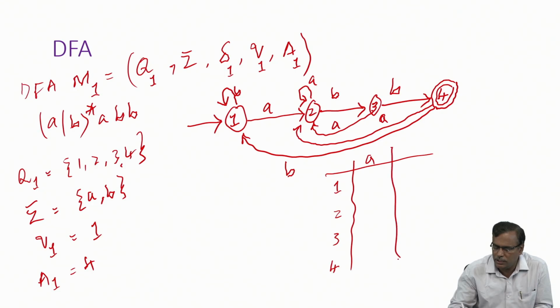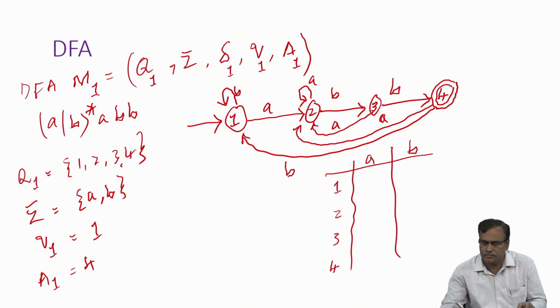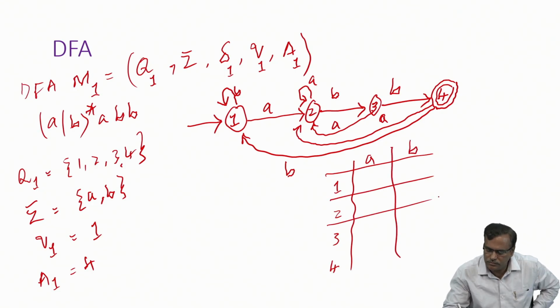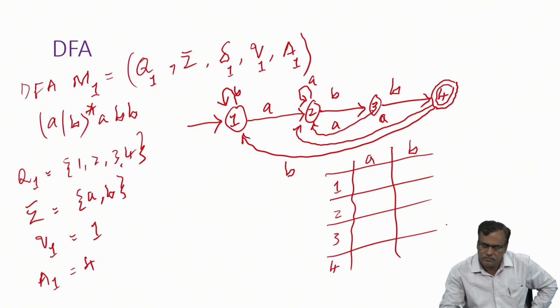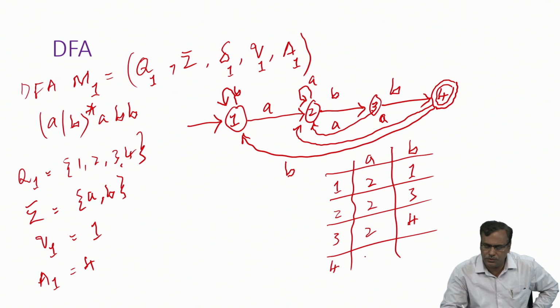Input symbols are A, B. 1 on A you are going to 2, 1 on B, 1. 2 on A, 2 itself, 2 on B, 3. 3 on A you are going to state 2, 3 on B you are going to state 4. 4 on A you are going to state 2, 4 on B you are going to state 1.